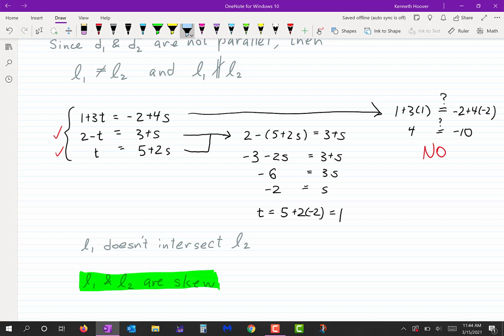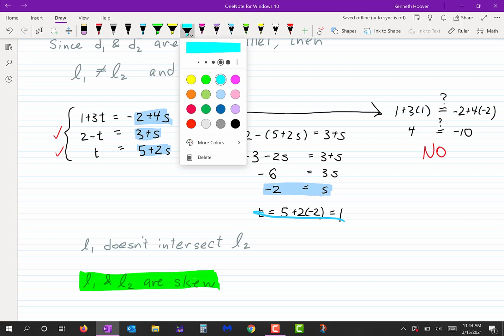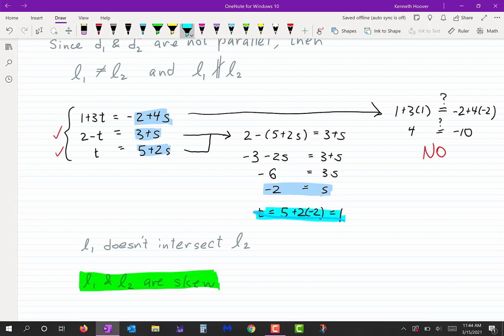All you would do is take your value for s and just plug it into these three equations, or take your value for t and plug it into these three equations. Either one, you would get three coordinates, x, y, and z, and that's the point where the two lines cross each other.